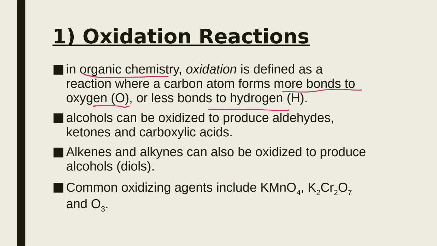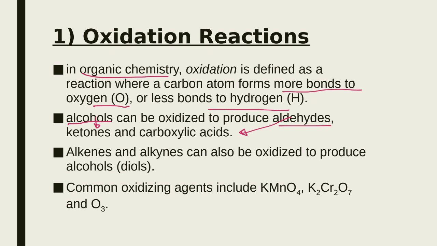Typically the kinds of molecules that get oxidized in organic chemistry are alcohols, which can be oxidized to make aldehydes. Aldehydes can also get oxidized to make carboxylic acids, and alcohols can also be oxidized to create ketones. So there are a few different options here. You'll notice that all of them are molecules that have oxygen in them, sometimes single bonded to a carbon, sometimes double.